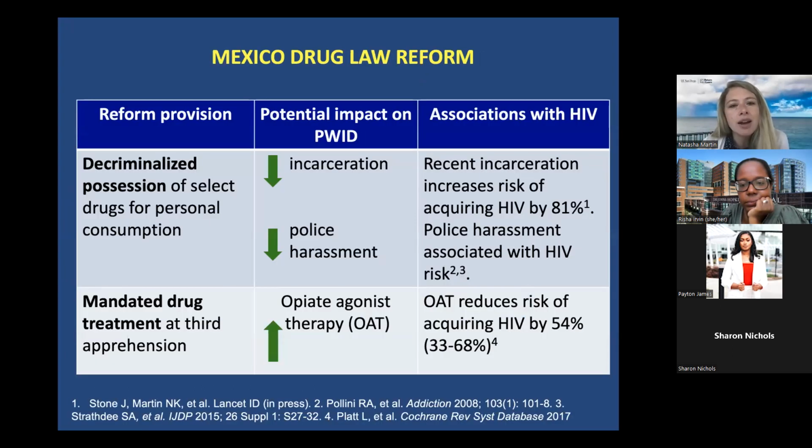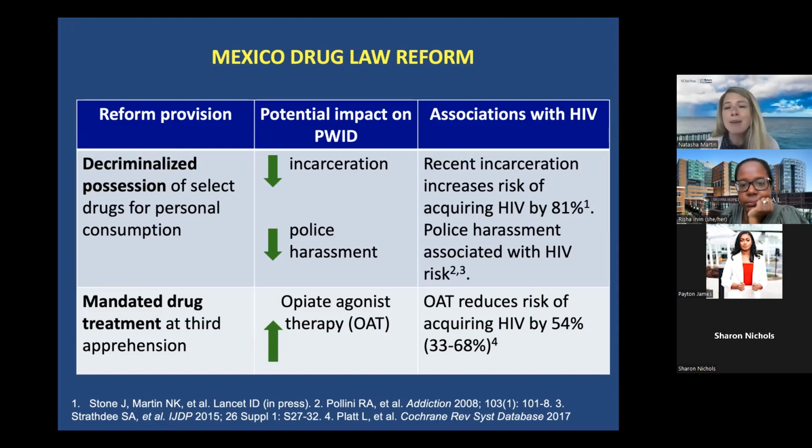In many ways, we were optimistic that this might lead to reductions in HIV and hepatitis C. The reform had a provision for decriminalization, so we speculated that it might reduce incarceration among people who inject drugs and reduce police harassment. We know that both incarceration and police harassment have been associated in our cohorts with increased risk of syringe sharing and increased acquisition of HIV and Hep C. So we thought decriminalization might reduce these exposures and therefore these negative health outcomes.